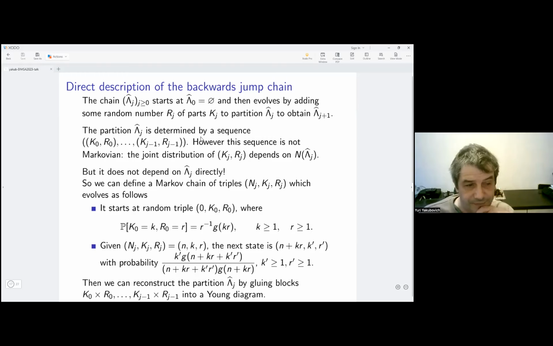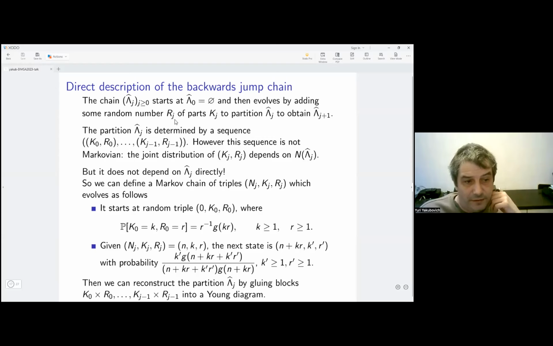It starts at the empty partition and then evolves in the following way. At each step we add some number of parts k, and this number is also random.